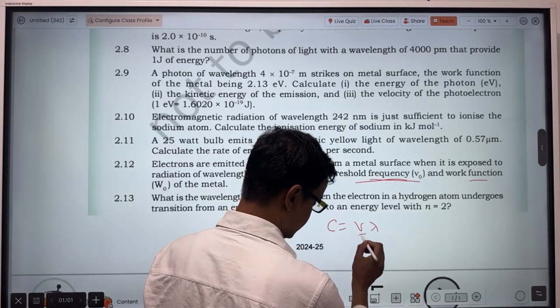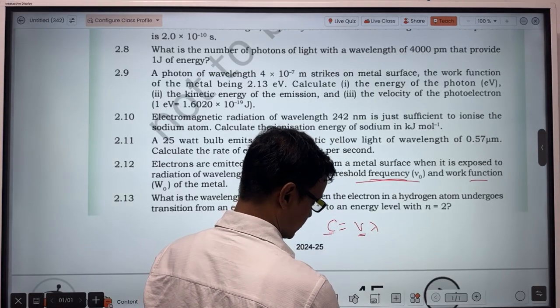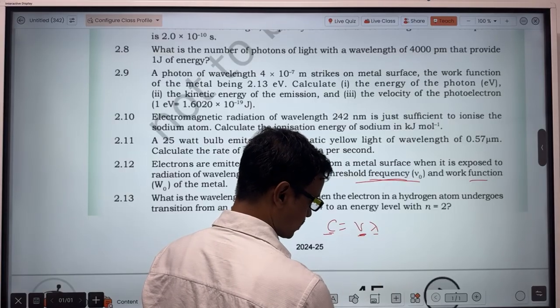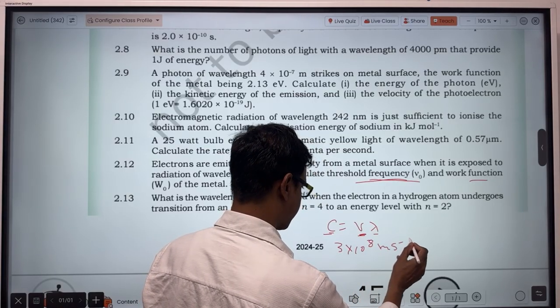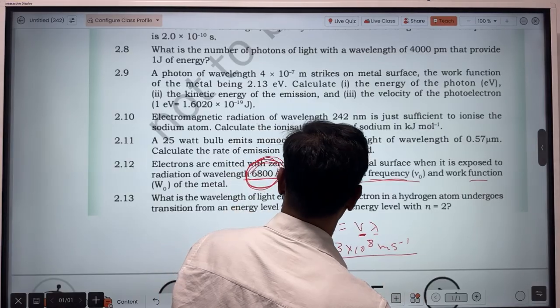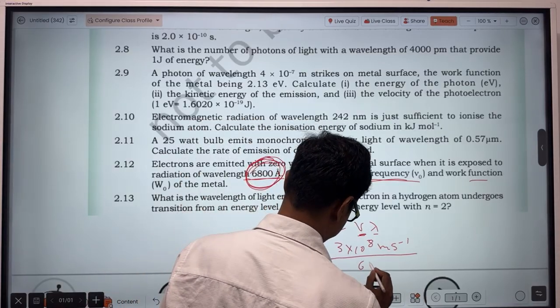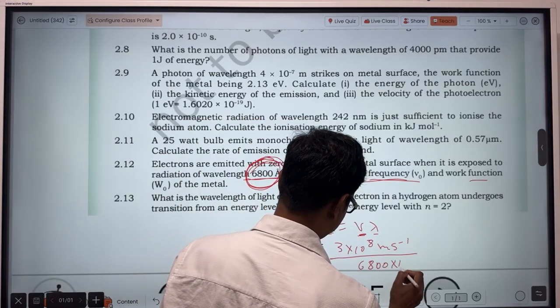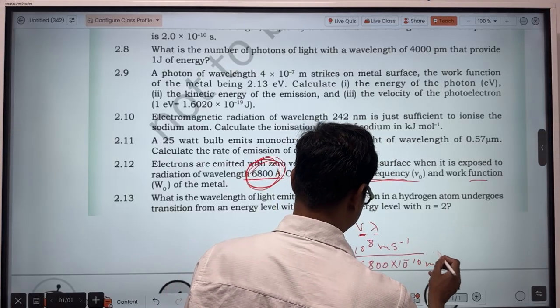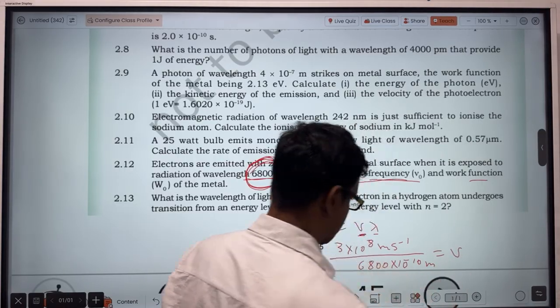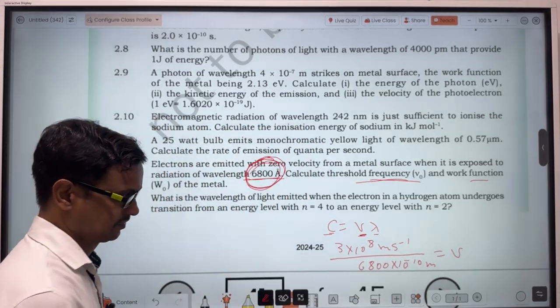So what will the threshold frequency be? This is the threshold wavelength, this is the threshold frequency. So 3 into 10 power 8 meter per second, upon 6800 into 10 power minus 10 meter, will equal the threshold frequency nu naught.